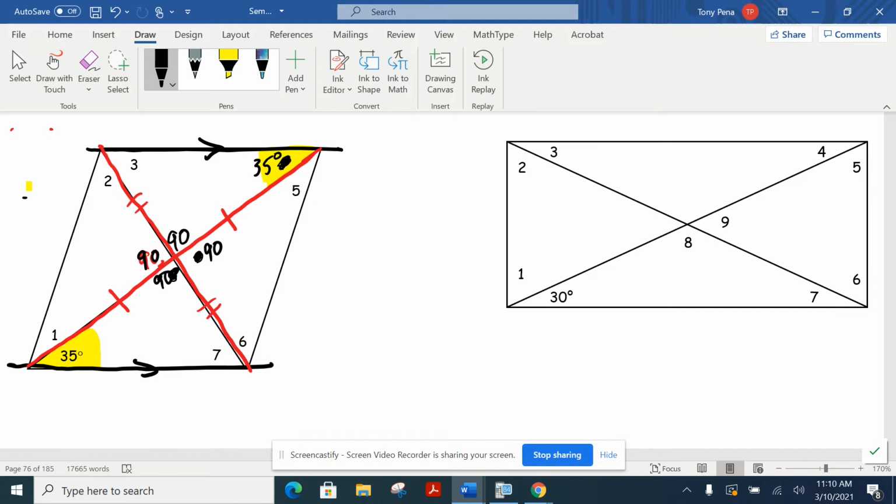Yeah, Dahlia, what do you think? Which angle are you going to go for, Dahlia? Good, perfect. So she's talking about angle 7 down here.